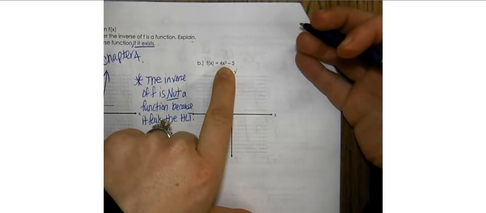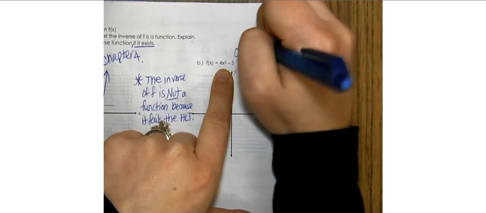For these types of cubic functions, we needed to identify the end behavior, and we also needed to identify a table of values. So my end behavior, we know that this is an odd function. It's an odd positive, and that's because our leading coefficient is positive.